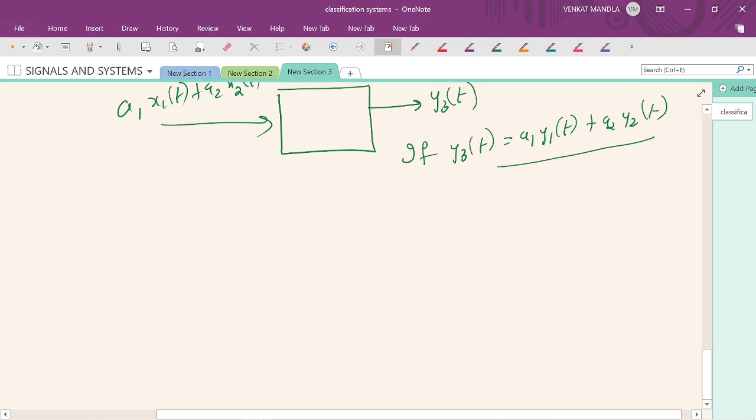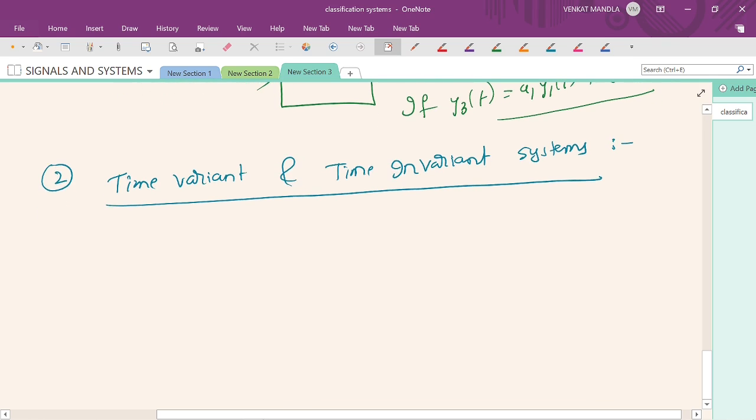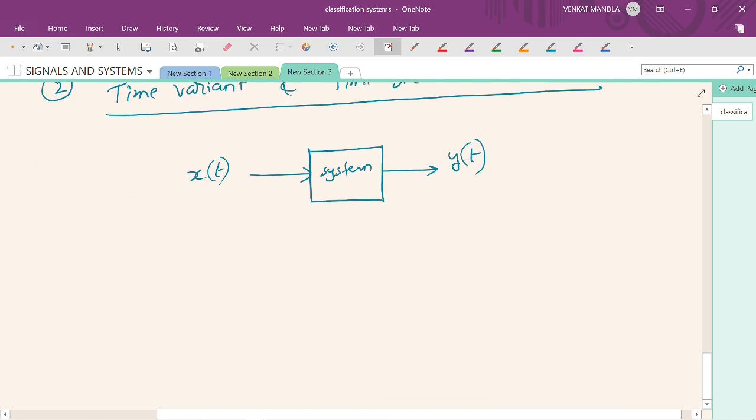Next, second, time variant and time invariant system. To check whether the system is time variant or time invariant, let us say the system input output relation is x of t, this is the system, y of t.